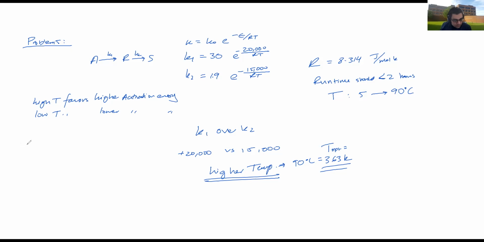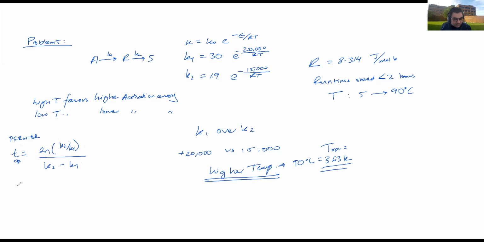If you recall from our previous slides, we said that the tau optimum for a PFR, which will be the time for a batch reactor, so this is the space time for a plug flow reactor and time for a batch reactor, the equation is: the optimum time is ln(K2/K1) divided by (K2 minus K1).